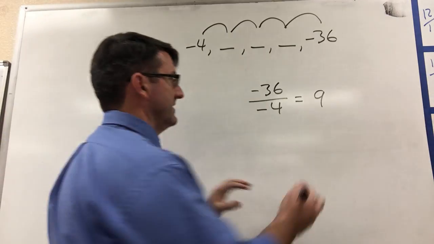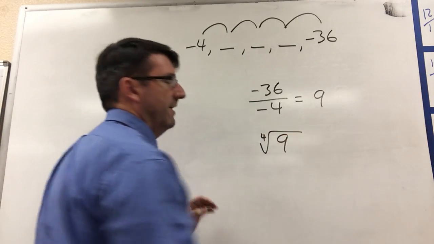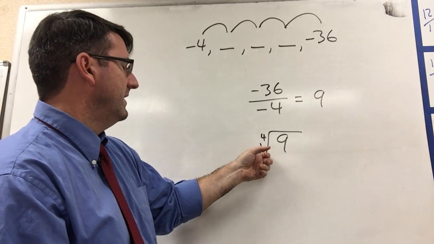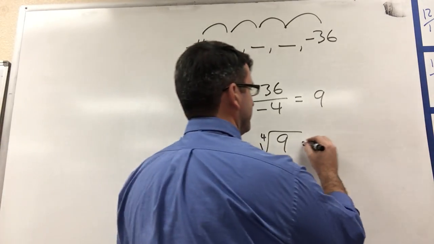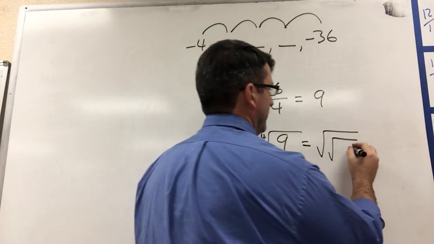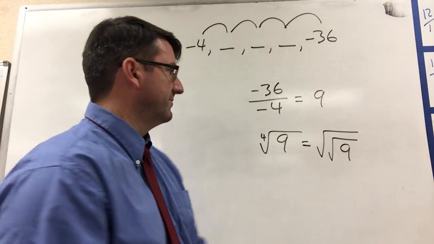So what we have to do with this 9 is we're going to take the 4th root of 9. So the 4th root is the same as the square root of the square root of 9. And the square root of 9 is 3.